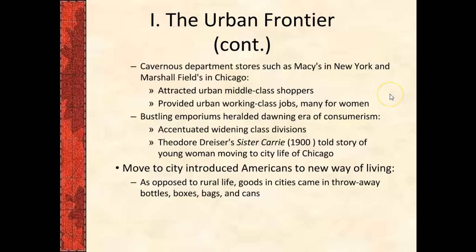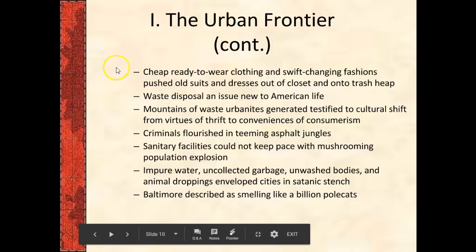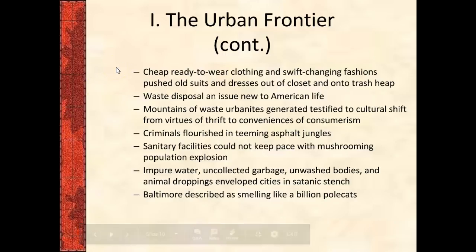You've got markets that are developing, and very much these markets are creating the feeling that you can throw stuff away quickly. Things are disposable rather than being like on the farm where you had to use and reuse over and over again. You're going to find that this is a totally different sort of environment then. It looks very much like our modern world where you have cheap, ready-to-wear clothing, fashions that will change out clothing not because it's worn out, but because it's just not in style.